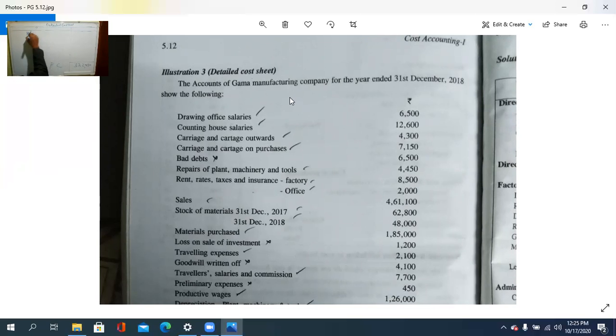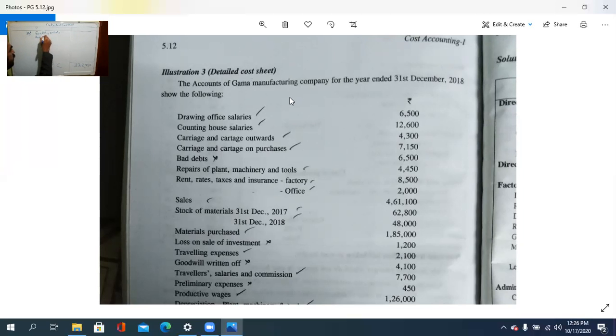Factory overheads: drawing office salary, counting house salary, carriage and cartage, repairs of plant, machinery and tools, rent, rates, taxes and insurance. The factory is there, the office is there, so we will check that.